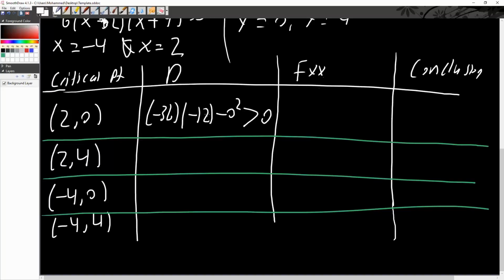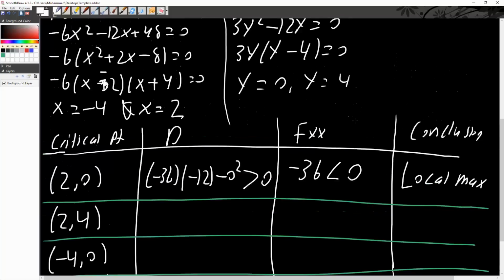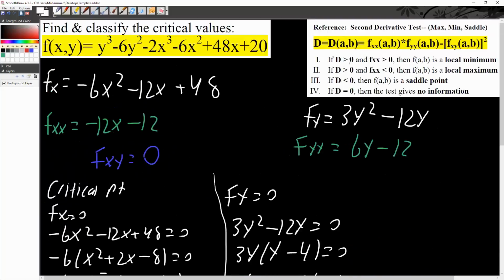Our fxx was negative 36, so negative 36 is less than 0. And if you look at the table, this would be a local max. So we have a positive D, a negative fxx. So let's just prove it. So positive D, negative fxx, so local max.